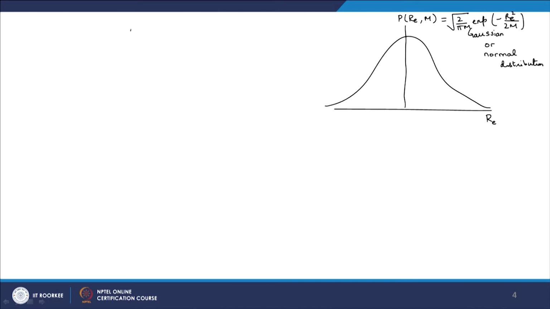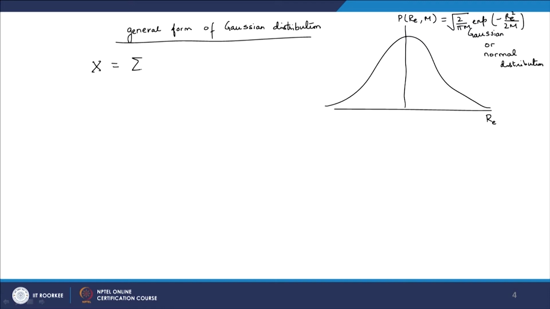The general form of the Gaussian distribution is given as, for a random variable x that is the sum of random variables xi for i going from 1 to m, we can write p of x, m, that is now the probability density.